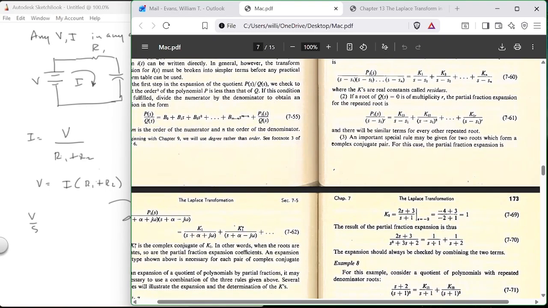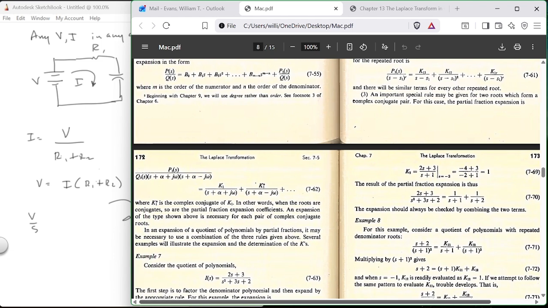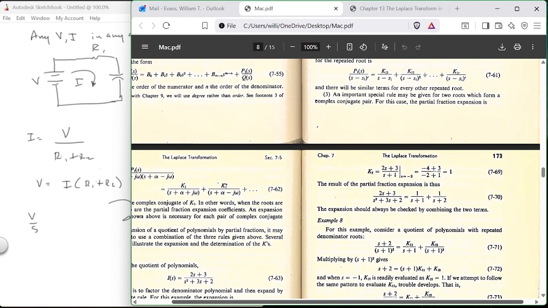But there's an easy way to get this, and I'll show it to you. And they describe it here. They describe it a little differently than it was explained in class. He says take the derivative. You don't have to take the derivative because we'll show you another way to do that. But anyway, the expansion is that, and we'll show you how to find the K1 and the K2, all right?